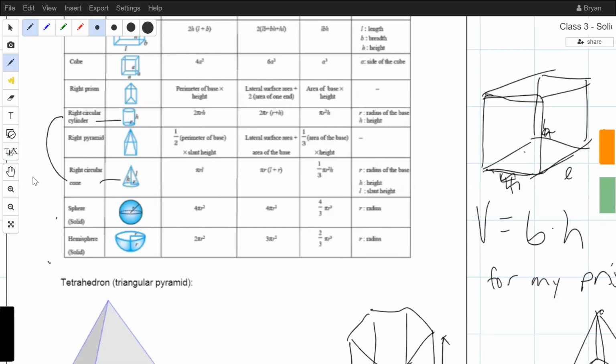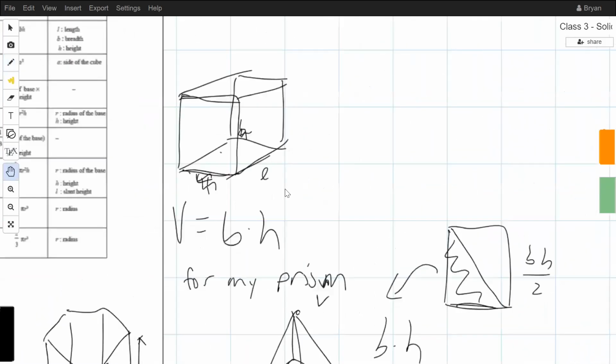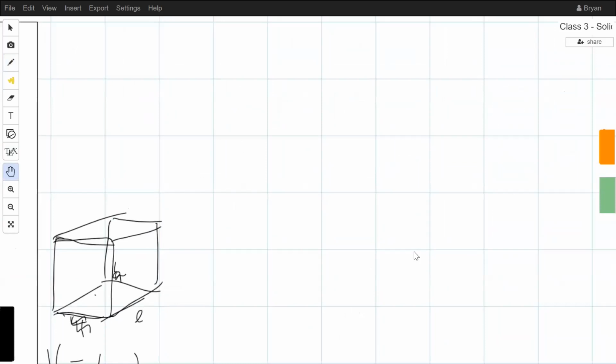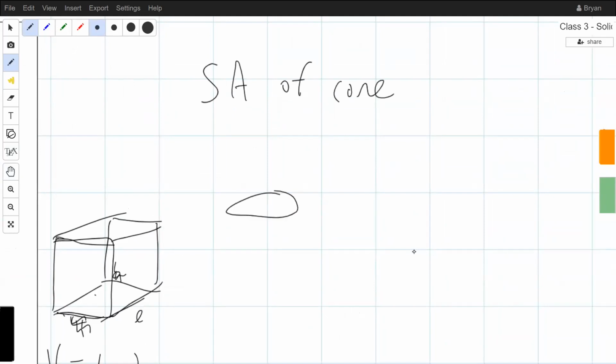So basically the method you would use to find the surface area of a cone is: you have to know what the height of the cone is, and you have to know what the radius of the base is, right?